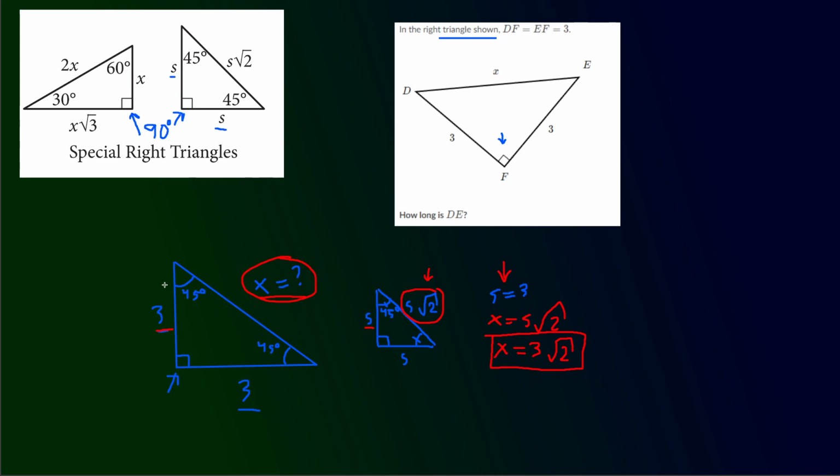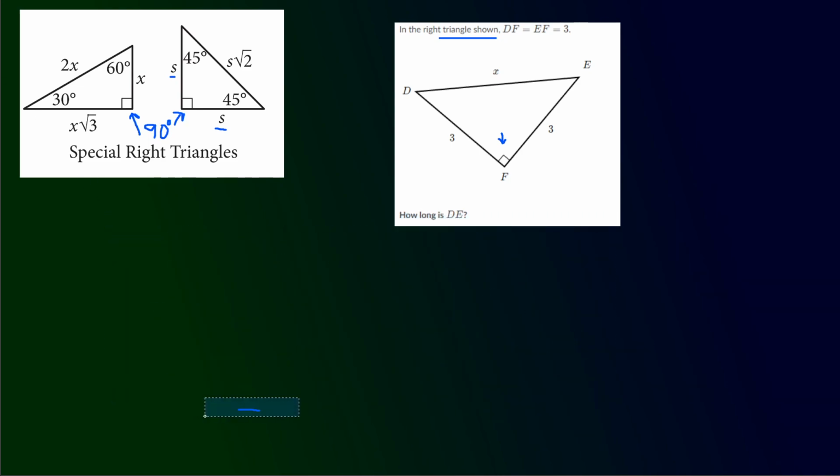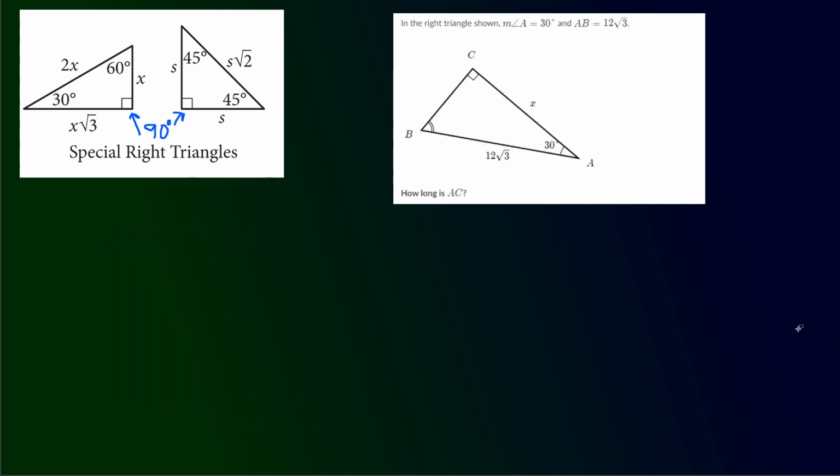Okay, we'll do another one with the 30, 60, 90 so you get the idea. So here's a different problem. In the right triangle shown, the measure of angle A is 30 degrees. So this angle here is 30 degrees, and it's a right triangle, so we already know we're in a 30, 60, 90. Even though they didn't mention the 60 degrees, we know that this must be 60 degrees because it's a right triangle.